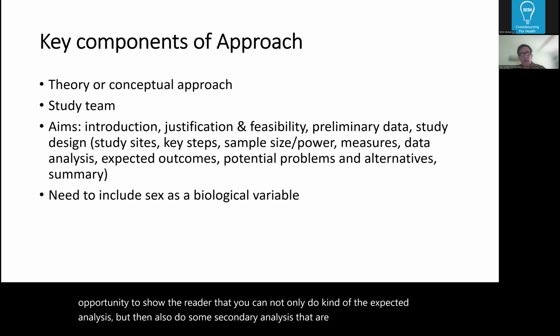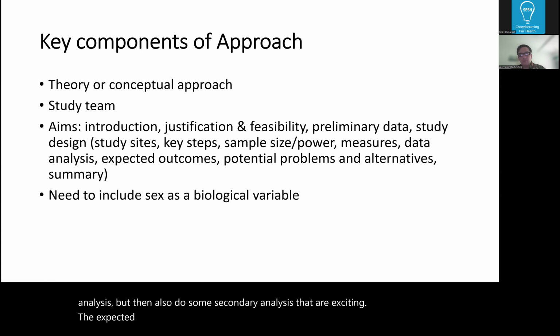The expected outcomes are really important for clinical trials. Then potential problems and alternatives.